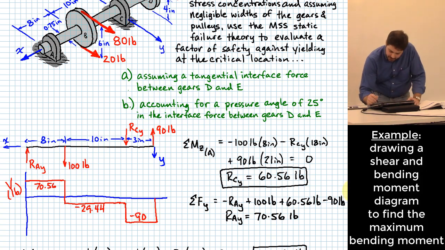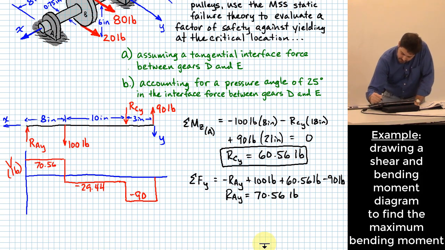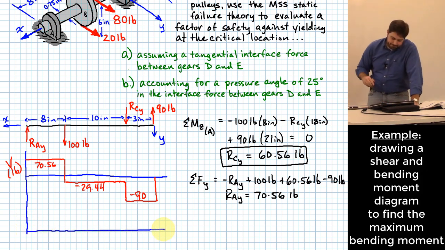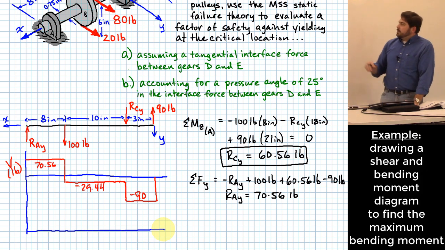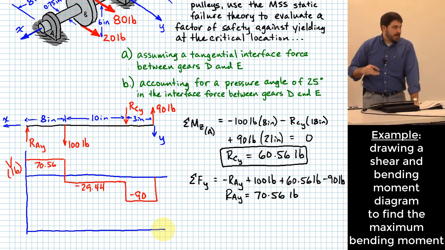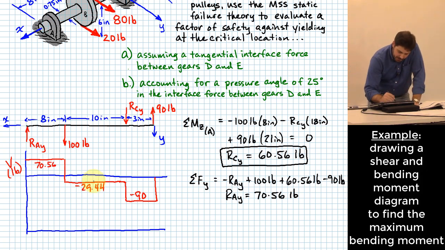What do I do with the shear diagram? It gives me the information I need to draw a moment diagram. And remember, the value on the V diagram is equal to the slope on the M diagram. So that tells me that I have straight lines on my M diagram because I have constants everywhere on my V diagram.